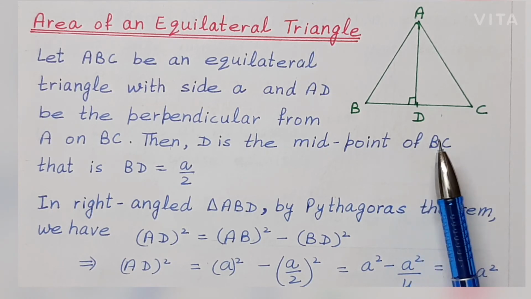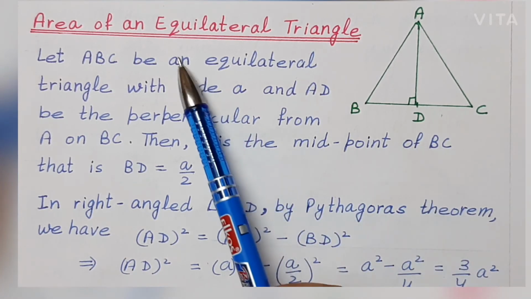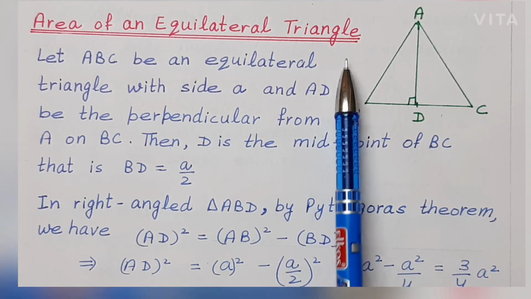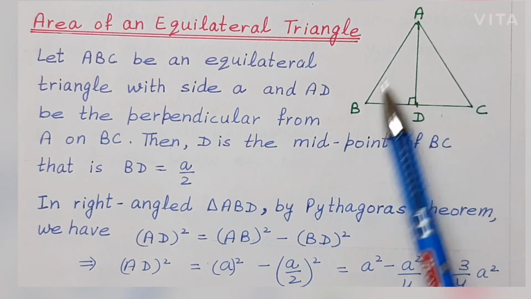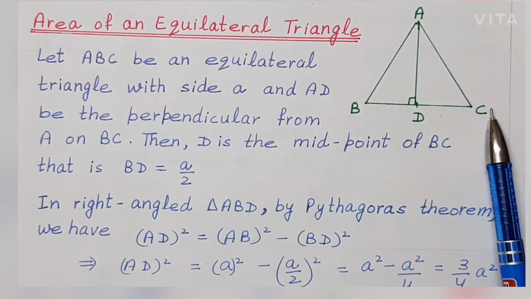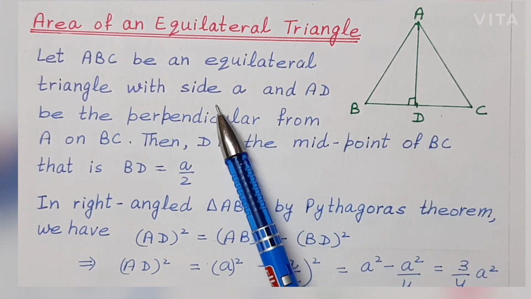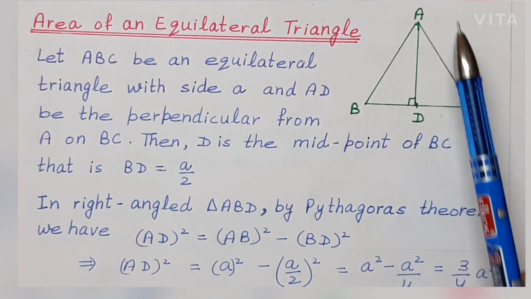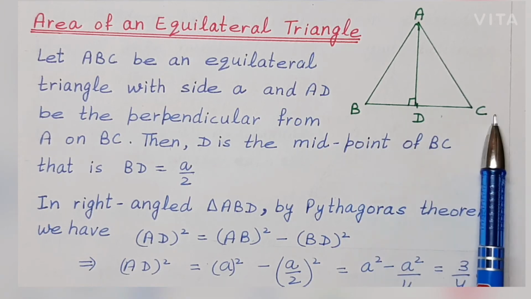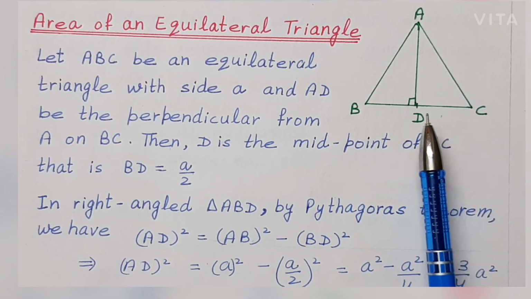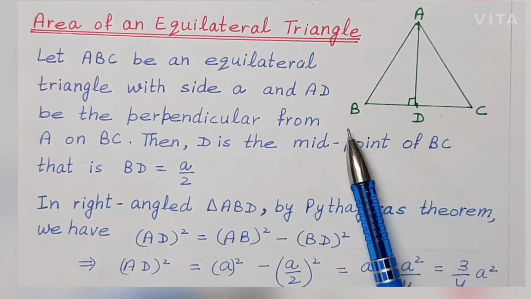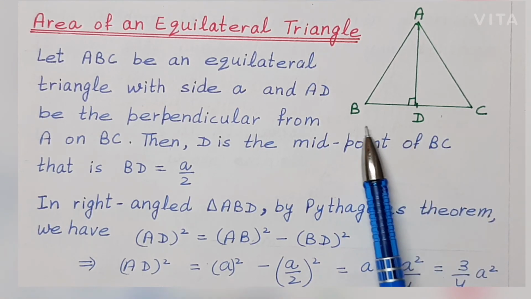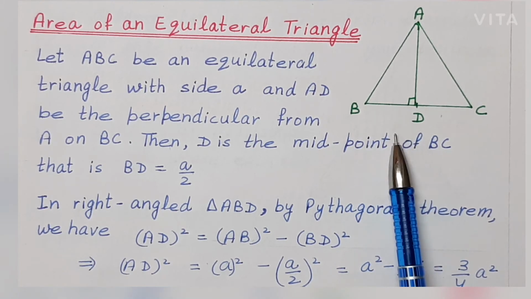Now let us see how to derive the formula for an equilateral triangle. So let ABC be an equilateral triangle with side a and AD be the perpendicular from A to BC. Then D is the midpoint of BC. Clear?